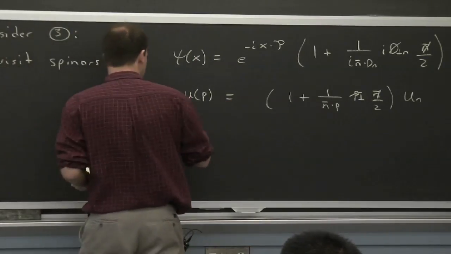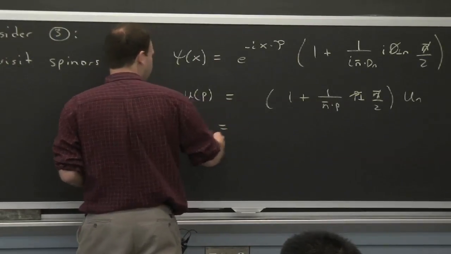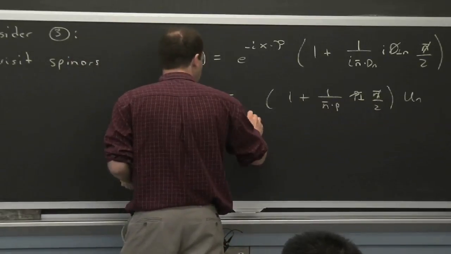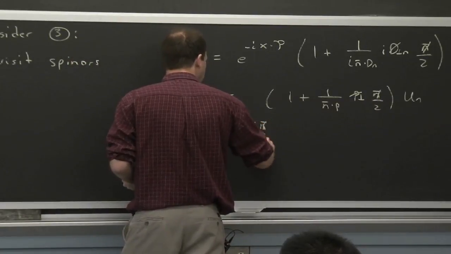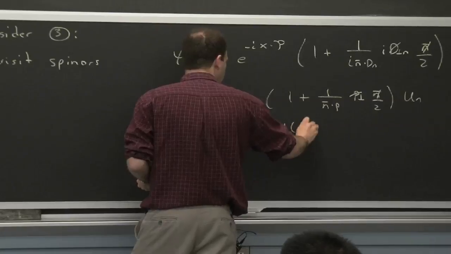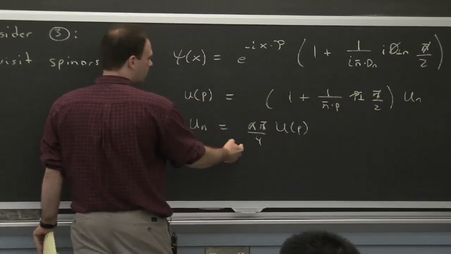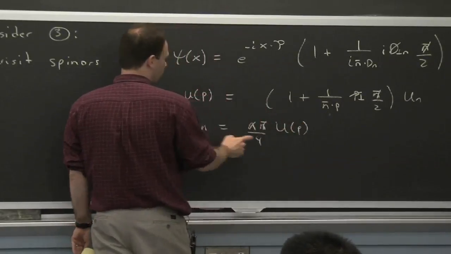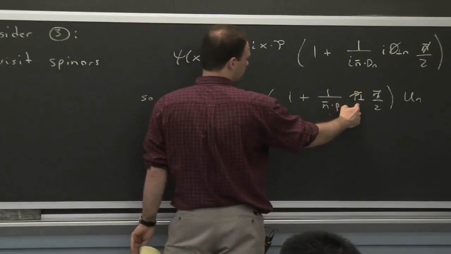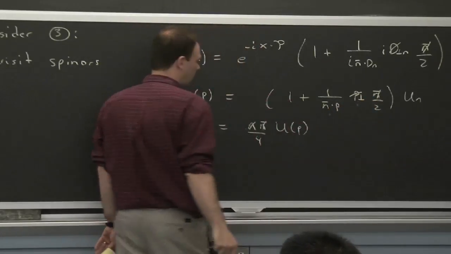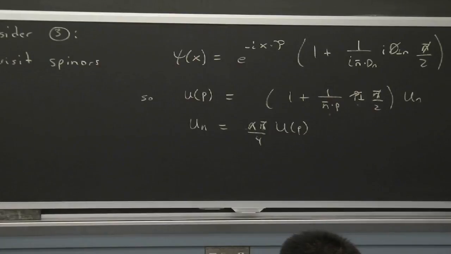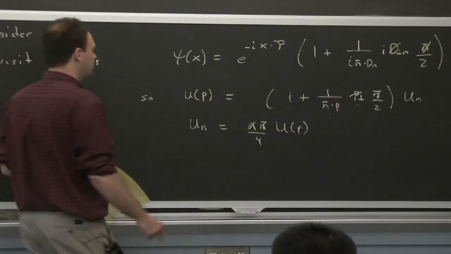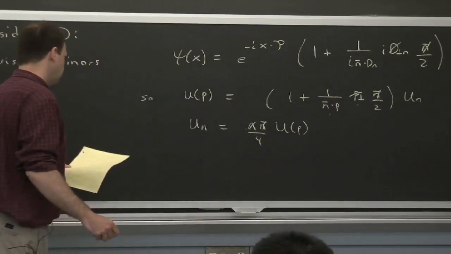And then if you take this formula, you also see that if I hit it with a projector, n slash n bar slash over 4, if I hit the u with a projector, it's going to kill this piece because the n slash n bar slash can be pushed through the p perp slash, and then n bar squared is 0. So that kills that second piece. So we also have this formula.